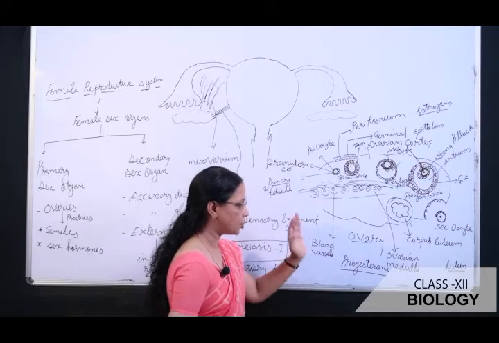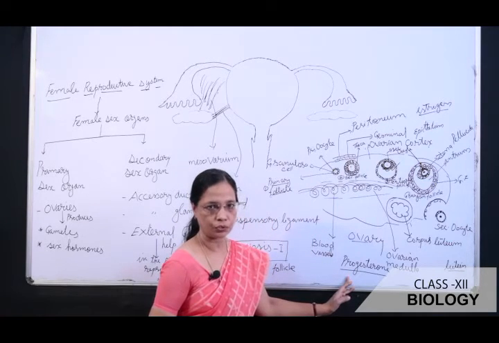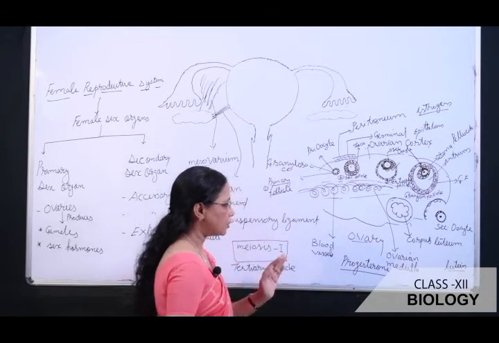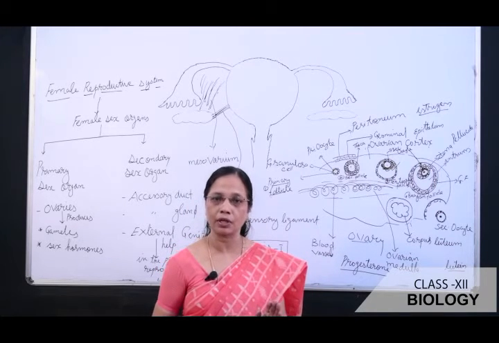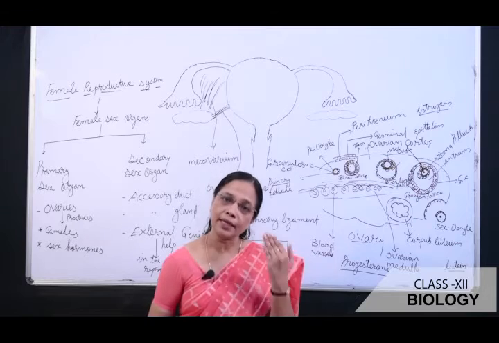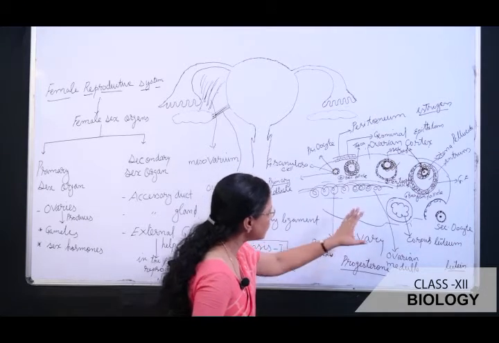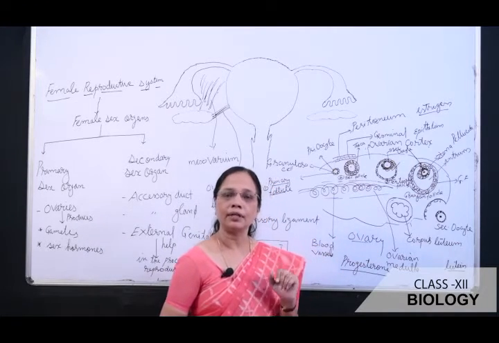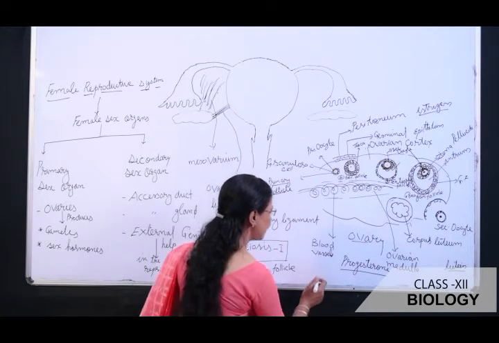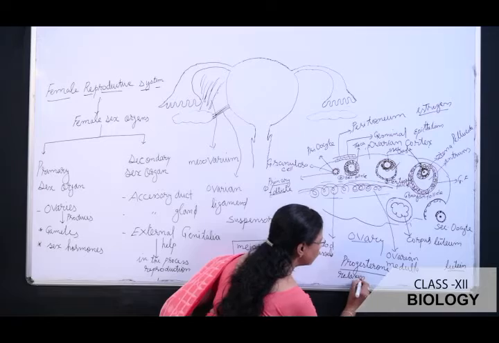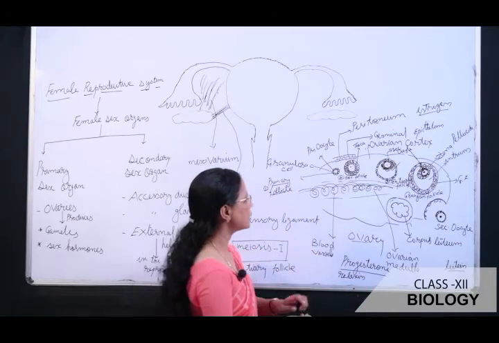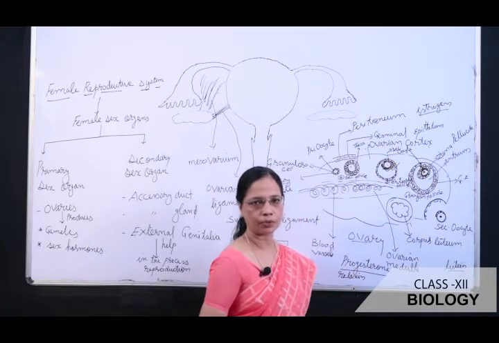If fertilization and implantation take place, at that time we call it pregnancy. In the later stages of pregnancy, this corpus luteum releases another hormone called relaxin. So this is the function of the corpus luteum.